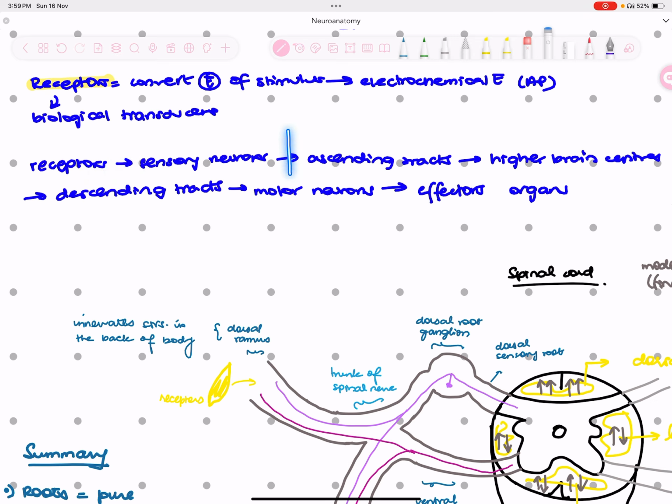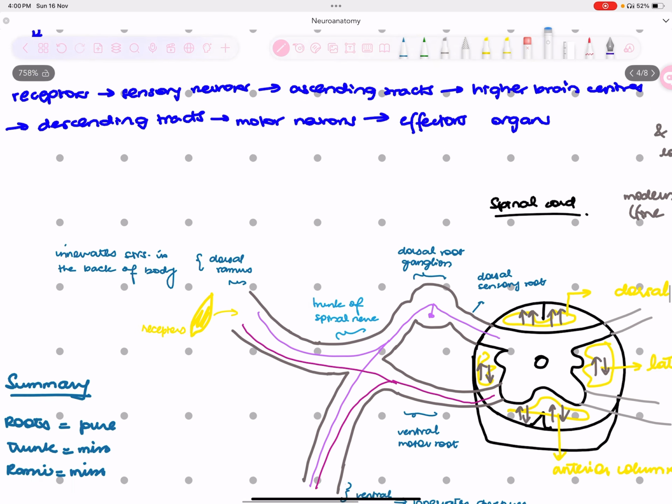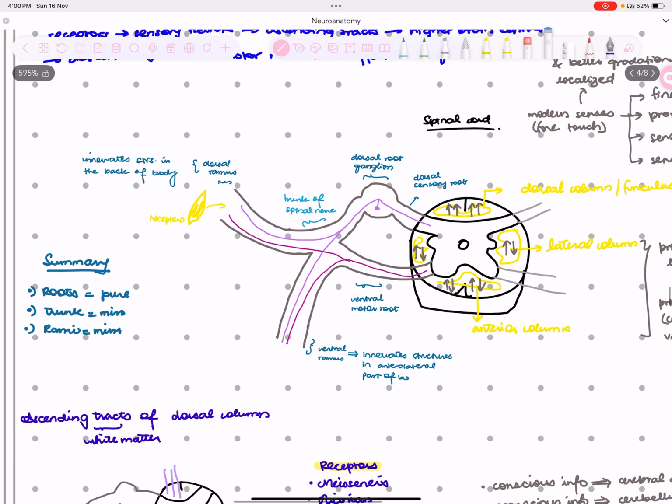The ascending tracts take this information to the higher centers of the brain, and then the descending tracts bring this information down to the motor neurons, and ultimately to the effector organs, and whatever effect is needed will be produced.